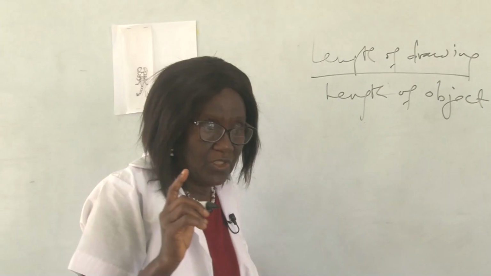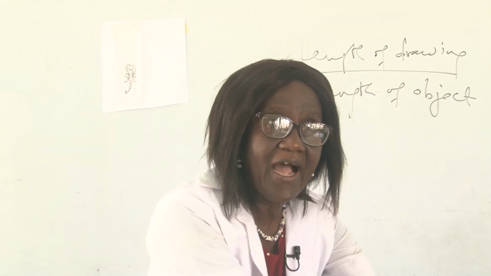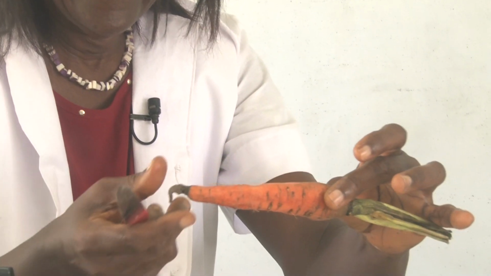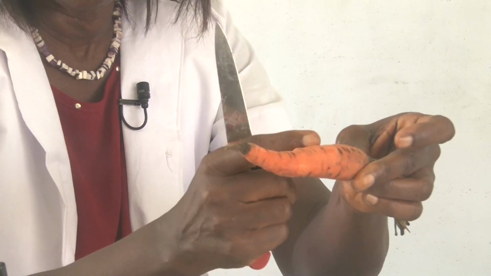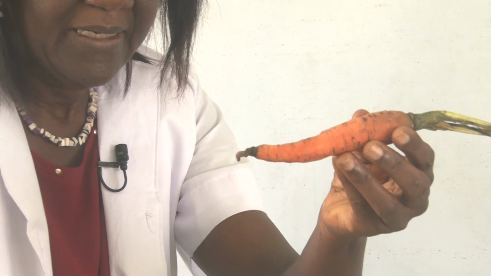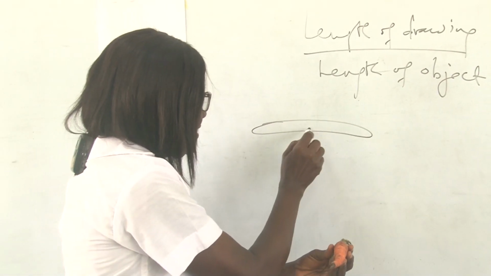Now, we want to look at something, all right? If I have this specimen, and this is the length, this is the width or breadth. Now, if I draw this specimen like this, here is the length, isn't it?